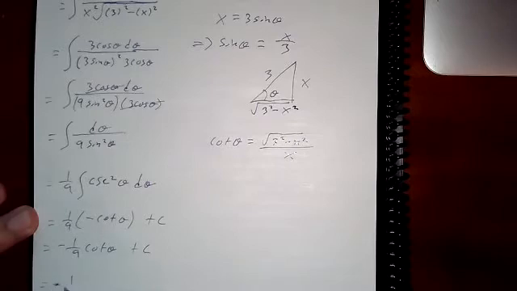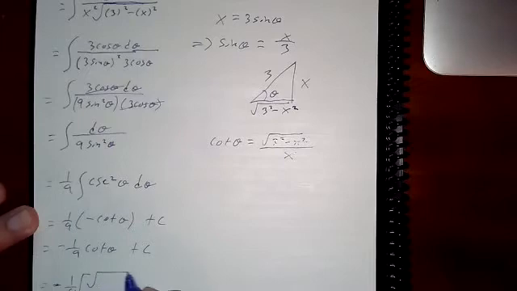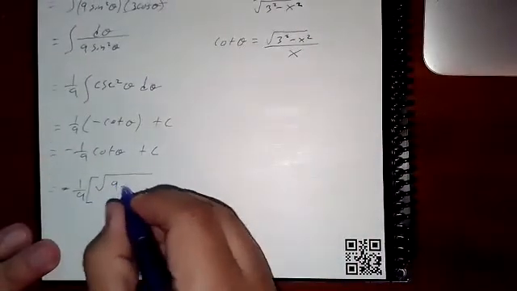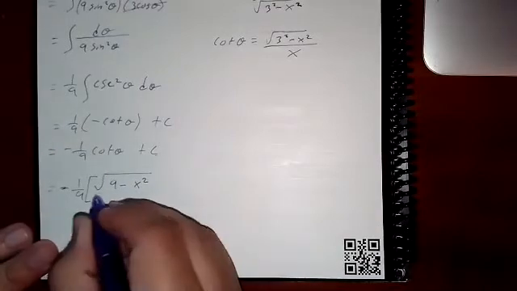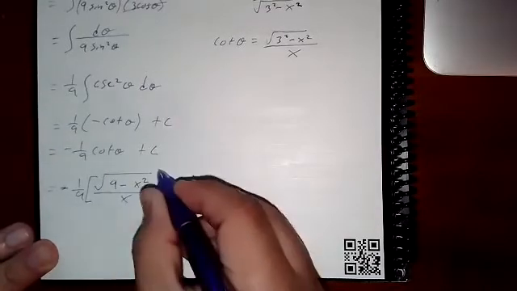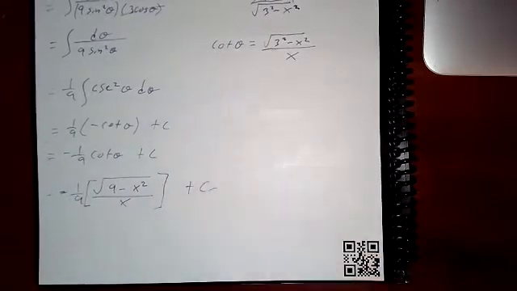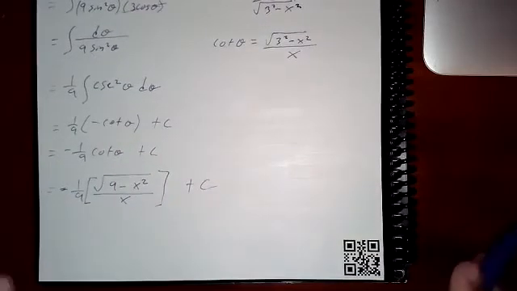That'll be negative 1/9 times the square root of 9 minus x squared over x. So that'll be your answer. Oops, forgot the c. Minus 20 points.